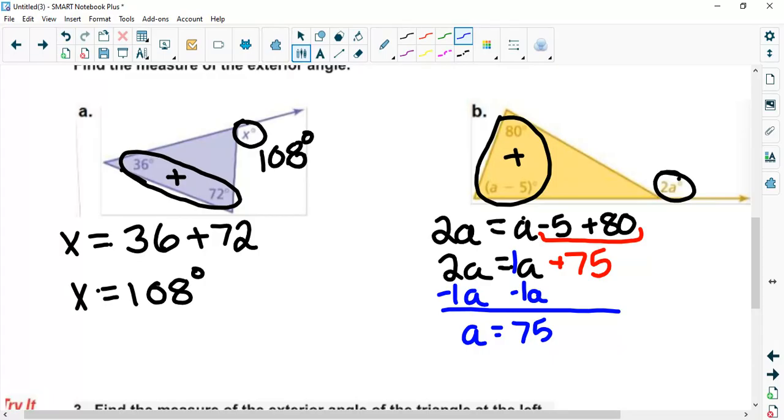If I want to find my exterior angle, I need to take this now and evaluate it. Instead of 2A, it's now 2 times 75. So this angle should be 150 degrees.